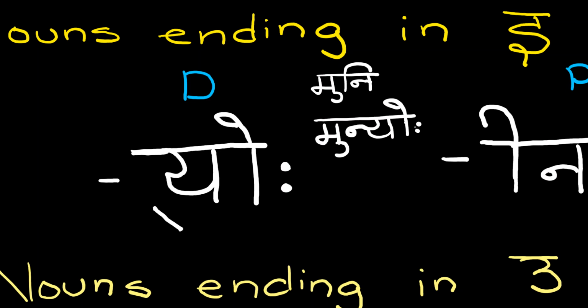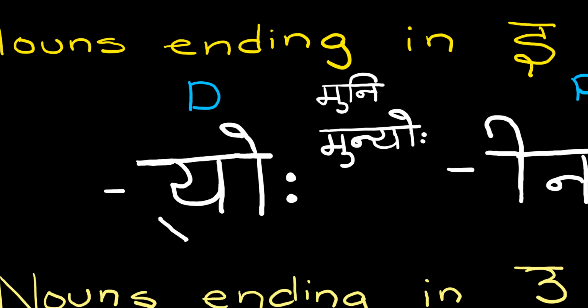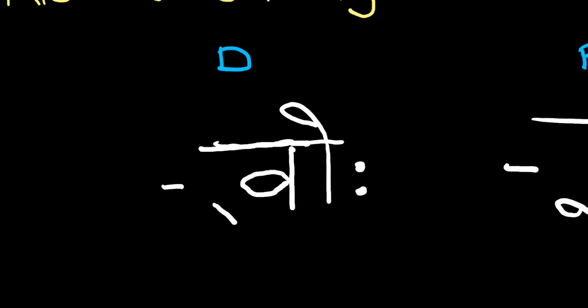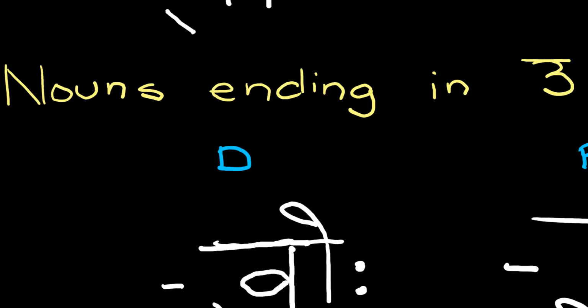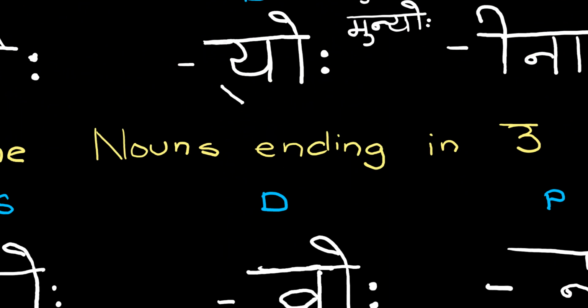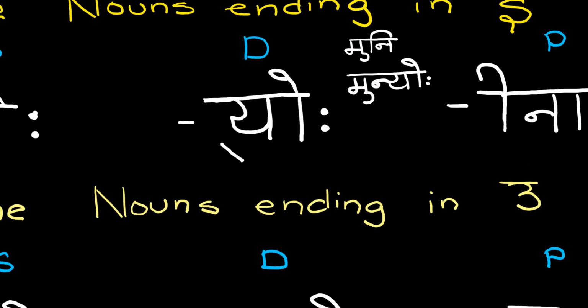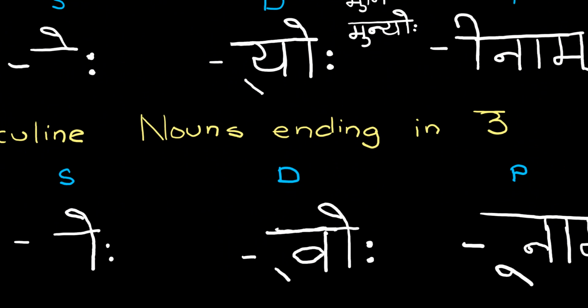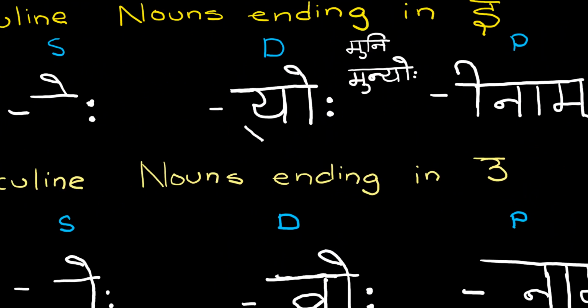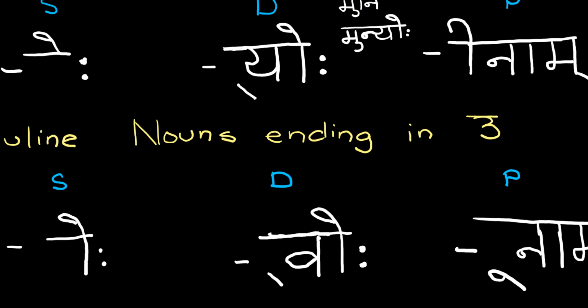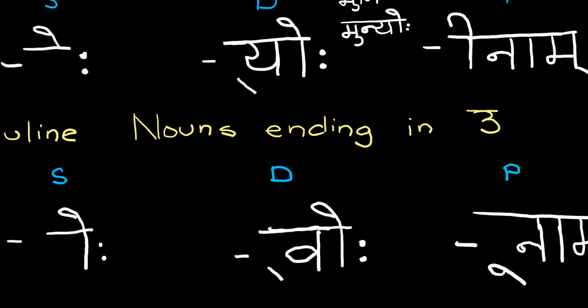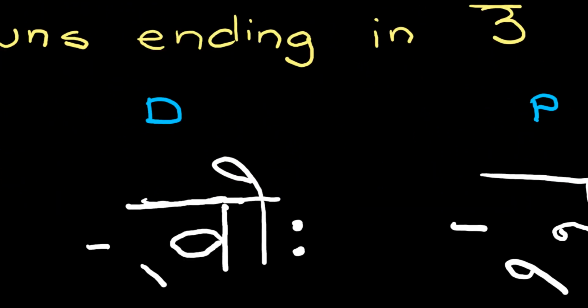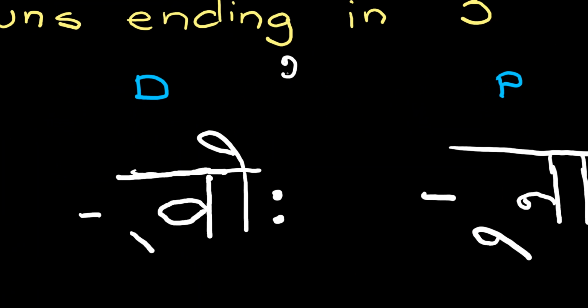Although yoho is a common case ending for genitive dual, for nouns ending in u, you do have voho instead of yoho. That was the rule between nouns ending in i and nouns ending in u, which is why you were learning them together. When you see a ya for nouns ending in i, you replace that ya with a va. So the rules here still apply. As an example for nouns ending in u, shishu means baby.